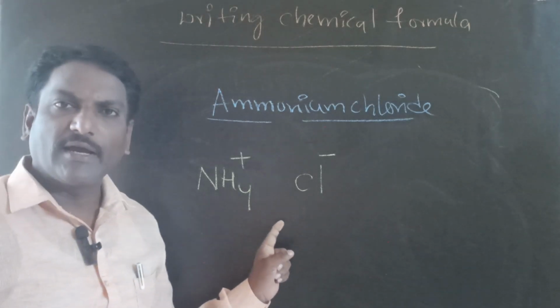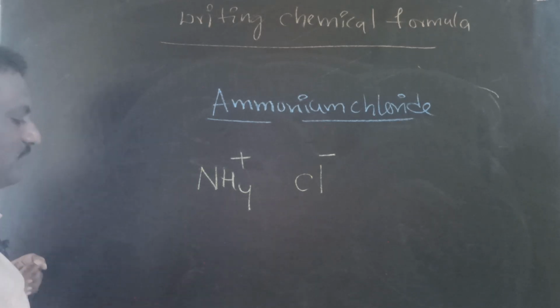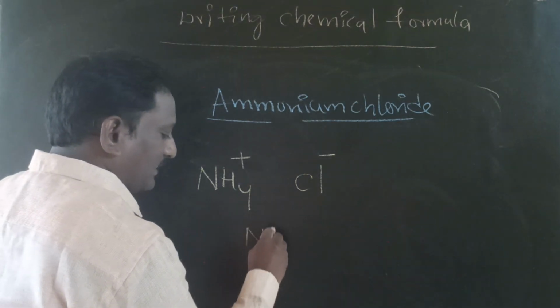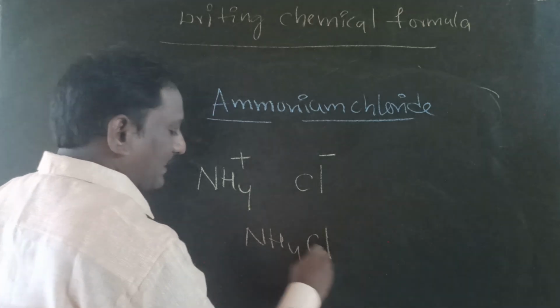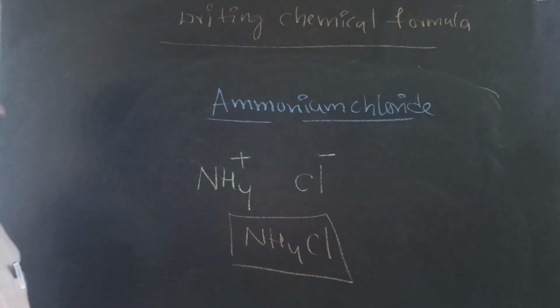So both are equal in magnitude. The charge is equal on both cation and anion. So that's why you should write directly NH4Cl, ammonium chloride.